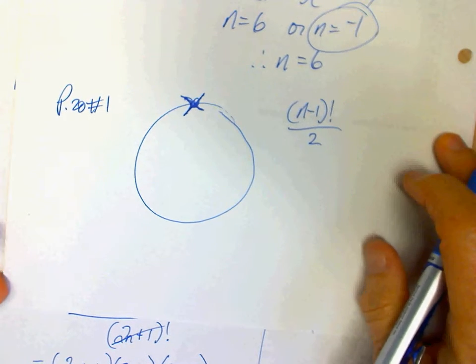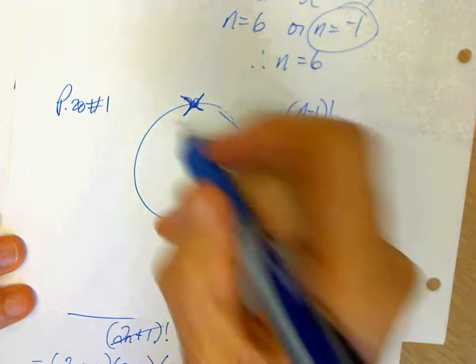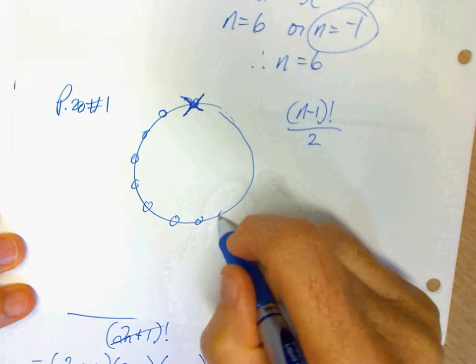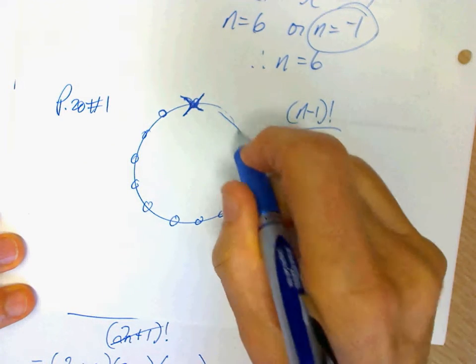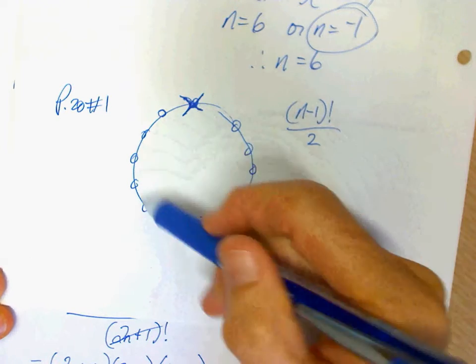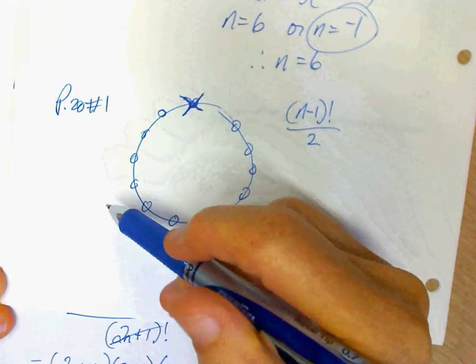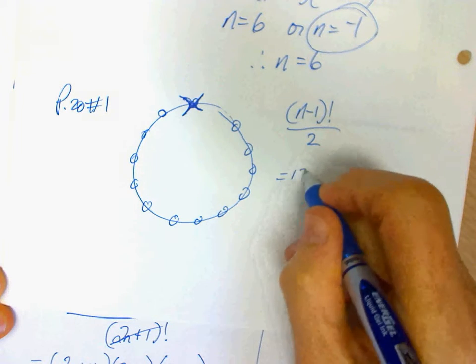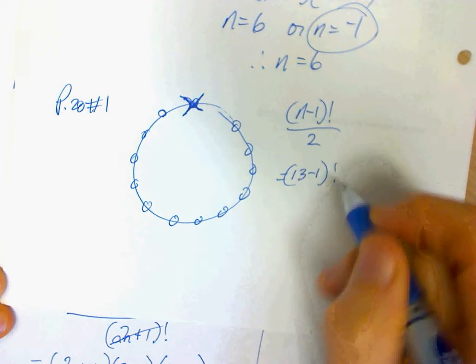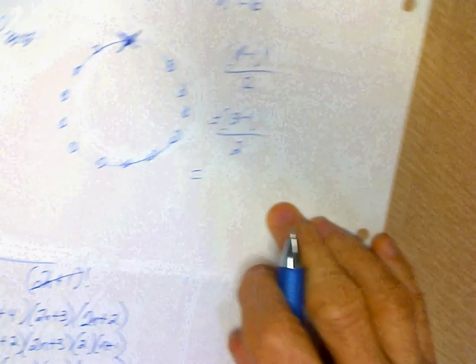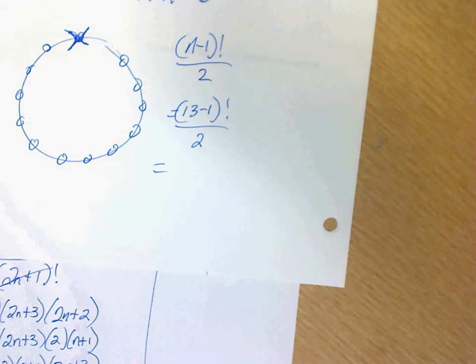Now there's 12 beads of various sizes. 1, 2, 3, 4, 5, 6, 7, 8, 9, 10, 11, 12. So now you actually have 13 things on this necklace. So that's 13 minus 1 factorial divided by 2, and that works out to be 12 factorial divided by 2.